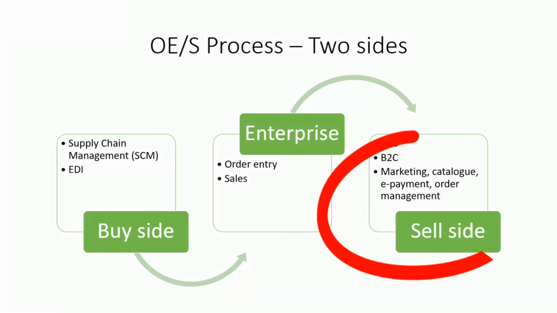On the sales side, the customer and this order entry and sales could interface business to business, business to customer. It could also interface with marketing, cataloging, e-payment, and order management.